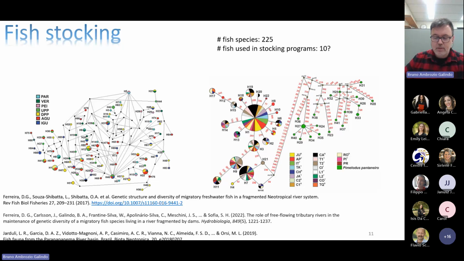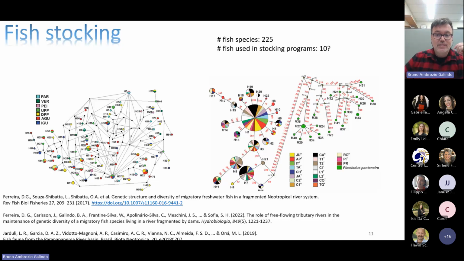Usually they use 6, 5, but let's consider 10 is still a pretty low number compared with the total number of species. And usually the focus is on species with a commercial value, and usually they have a small size of breeding stock, and sometimes they use animals from other watersheds as breeding stock.